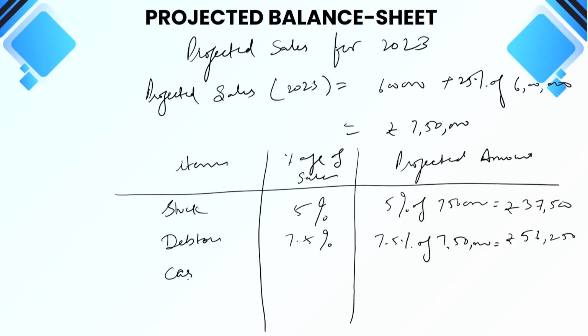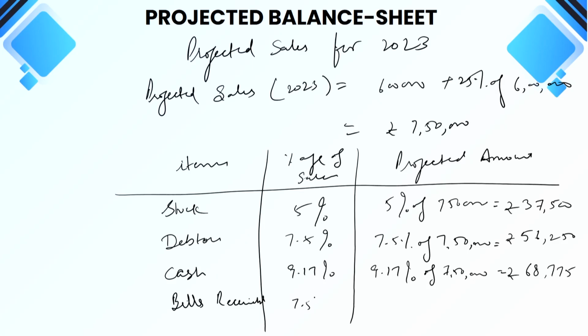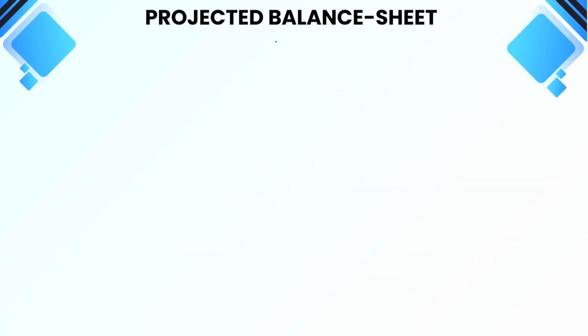Then we have cash, 9.17% of 7,50,000. It comes to 68,775 rupees. Then we have bills receivable, 7.5% of 7,50,000, which comes to rupees 56,250.